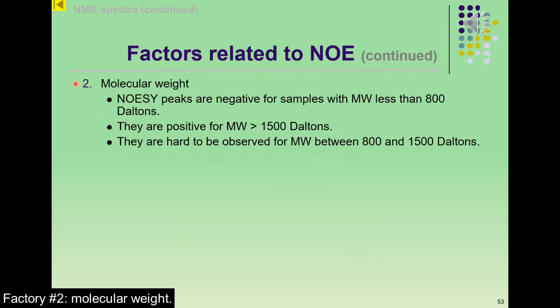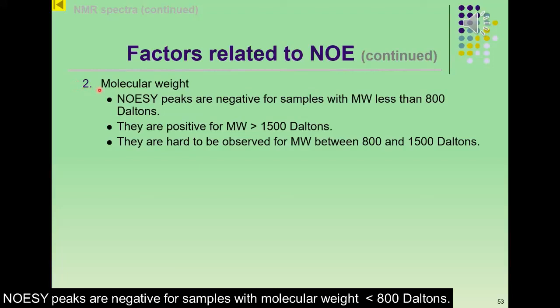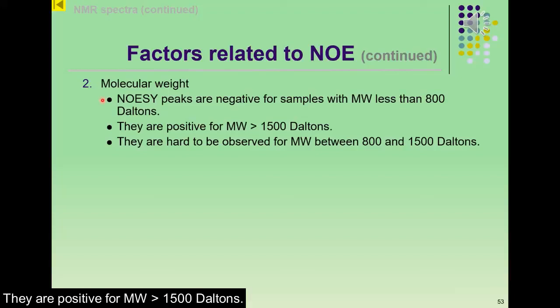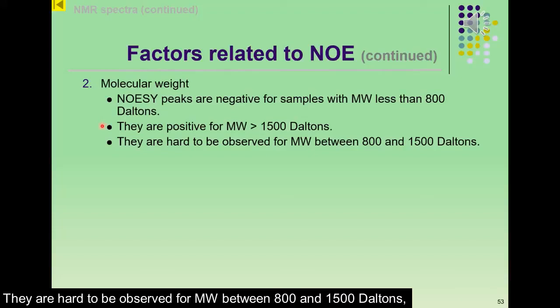Okay, factor number 2, molecular weight. NOE peaks are negative for samples with molecular weight less than 800 daltons. They are positive for molecular weight greater than 1500 daltons.